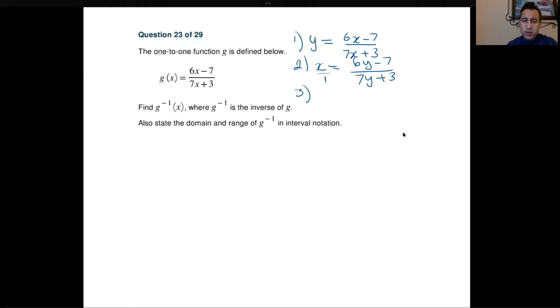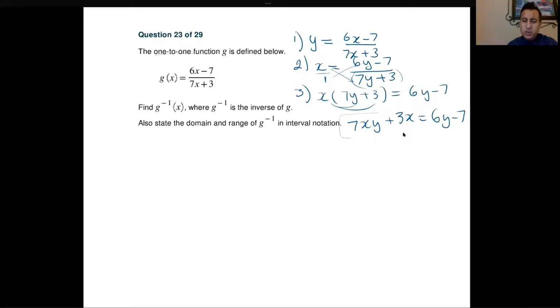So we're gonna put a 1 here. Cross multiply: x times 7y plus 3 equals 6y minus 7 times 1, which is just the same. Then we distribute: 7xy plus 3x equals 6y minus 7.